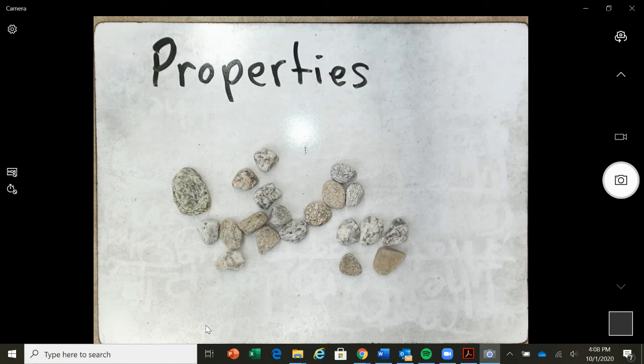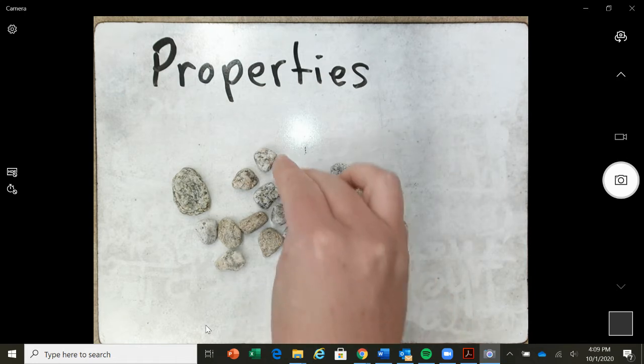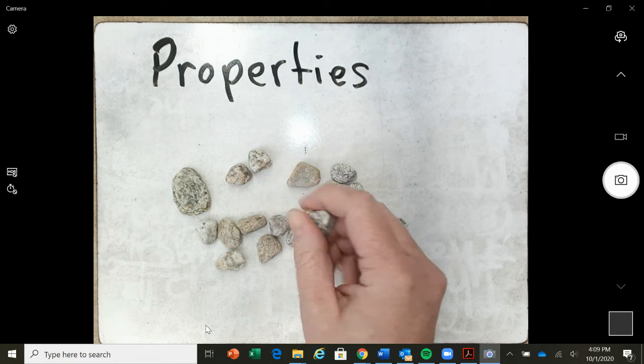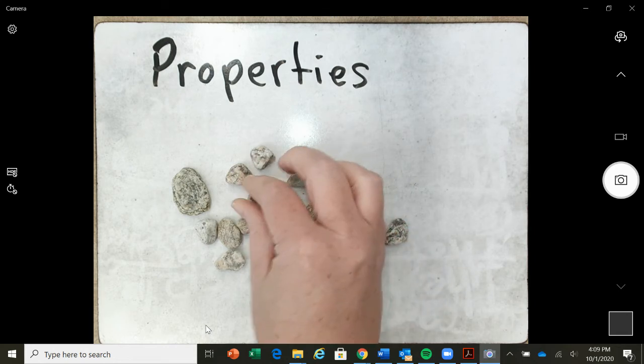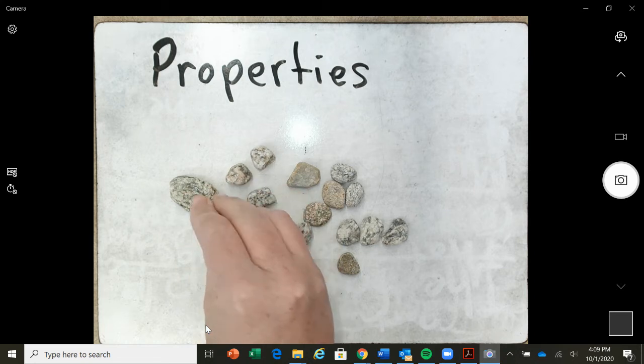Okay? I'm going to look and I'm going to say, okay, how are these rocks the same? Well, if I feel them, they're all pretty smooth. Some of them have a little bit of rough edges, but a lot of them have a smooth feel to them.